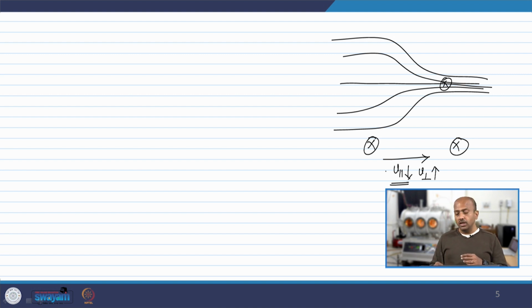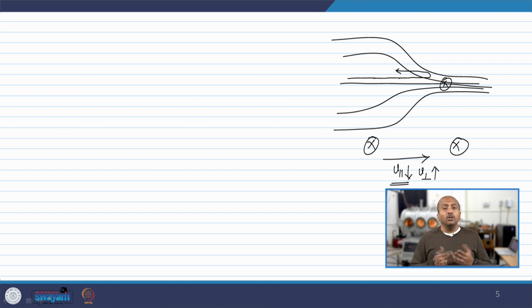The particle only has the perpendicular component of the velocity. So, the magnitude of the velocity will keep decreasing, and at a point when the magnetic field is sufficiently large, the particle will bounce back, right. So, this concept is called magnetic mirroring.